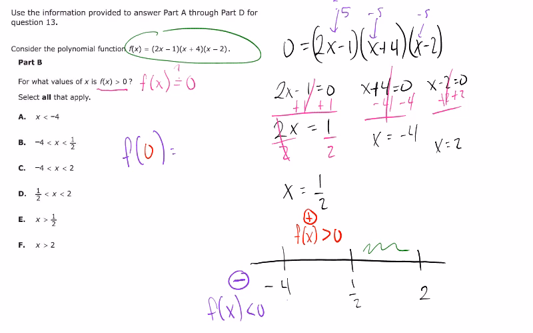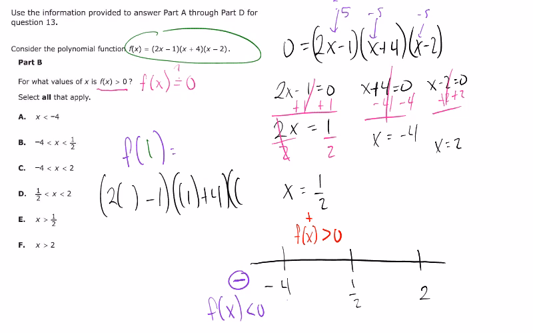So between 1/2 and 2, 1 is in between there, right? So 1's a good number to plug in. So I'm going to plug in 1. And so I'm going to do 2 times 1 minus 1, 1 plus 4, and 1 minus 2.